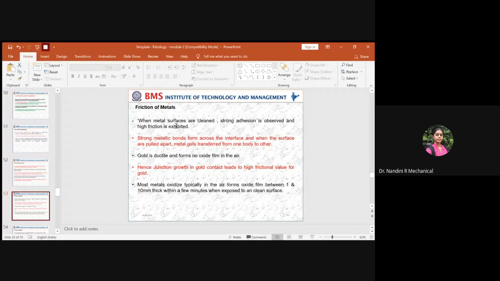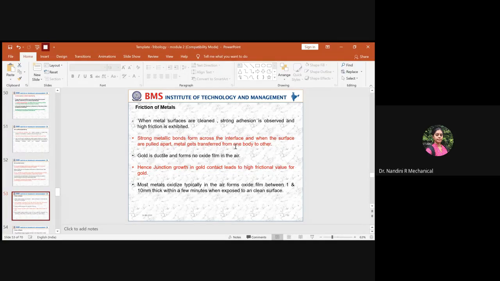Why? Because a strong metallic bond forms across the interface. Both are metals and they form a very strong metallic bond because of very good adhesion between each other. Due to this strong adhesion across the interface, when these surfaces are pulled apart, it results in transferring energy from one body to the other, and the friction will be high because you are not even using any lubricant.